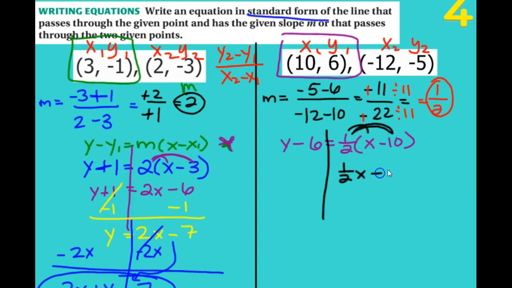Half of negative 10, well, half of 10 is 5. You can also plug it in your calculator. And then last, add 6. So we get y equals 1/2 x. And there's more positives. 6 minus 5 is 1.